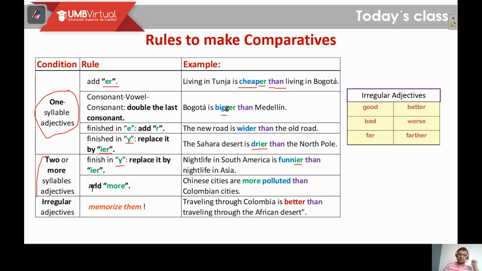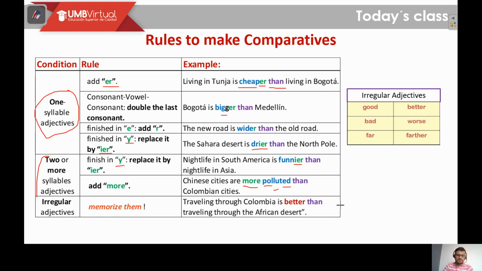But in general, if we are talking about two or more syllables when you pronounce it, for example, polluted, you have to pronounce polluted. So you have three syllables. You are going to add another word before, there is more. More translates to Spanish as más. More polluted than, más contaminada que.